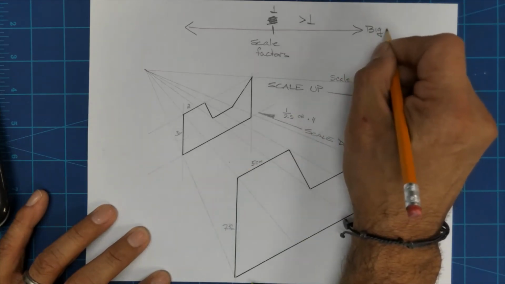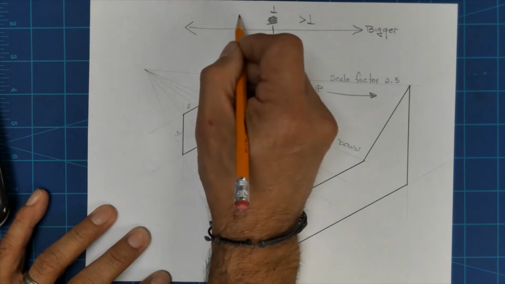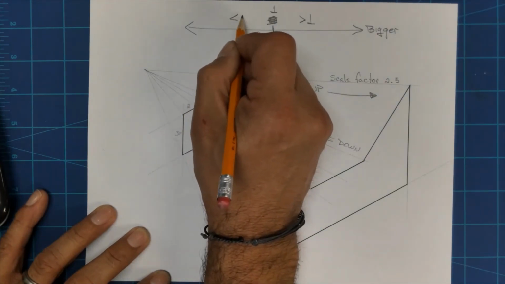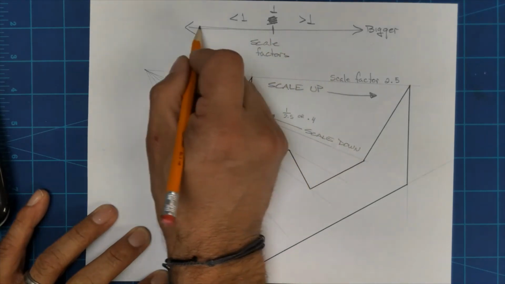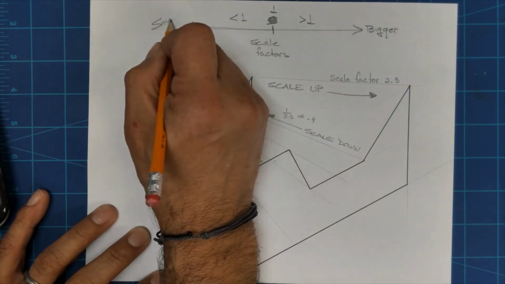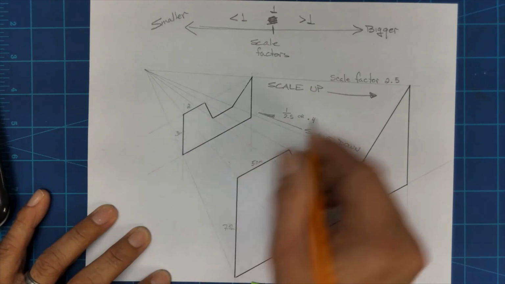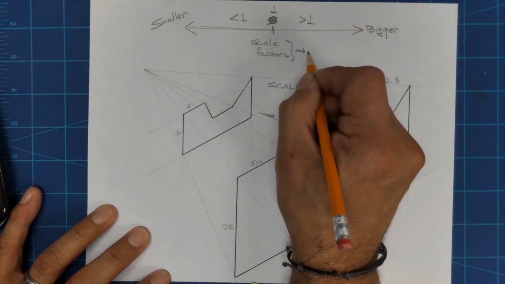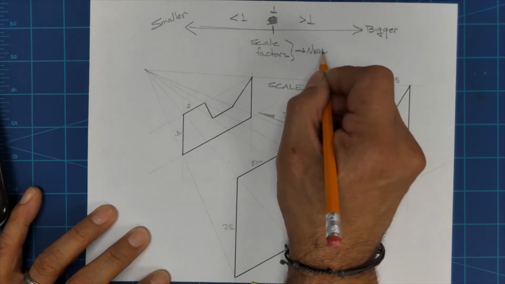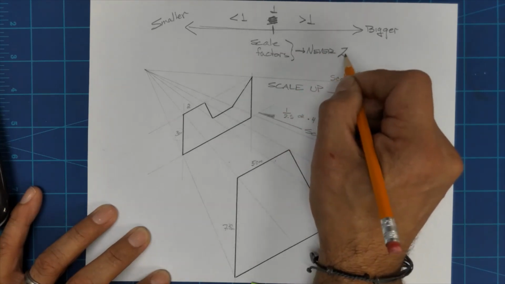Bigger. Less than 1, smaller. Scale factors, it is never 0.